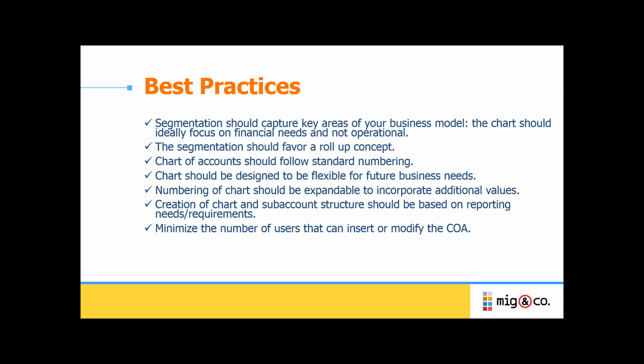Instead of my 10 and 20 series, maybe I have a new business coming in, I'll call that business 30. So I still have the structure of looking at my divisions, but I also have the uniqueness of my departments for 100, 200, 300, 400, and so forth. It really keeps it simplified. Creation of the chart of accounts should be based on reporting needs and requirements.